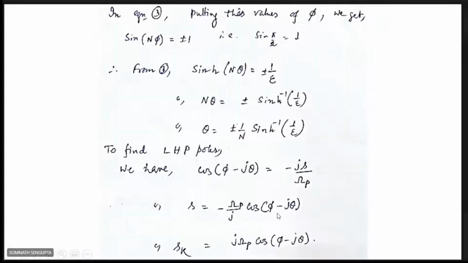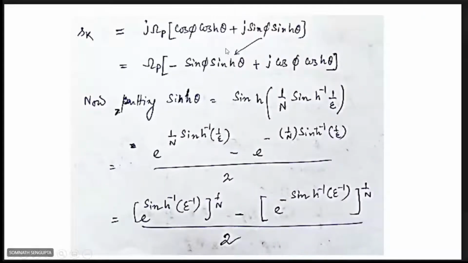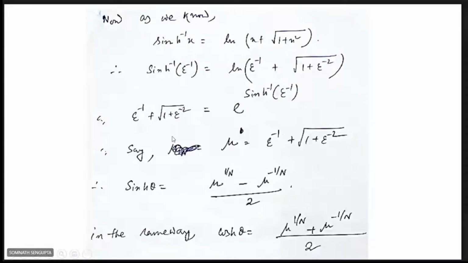So in place of cos of φ minus jθ, we write again the formula of cos (a minus b). It is a long calculation, but I am just showing the way it is done to calculate the poles. Just go through these steps.